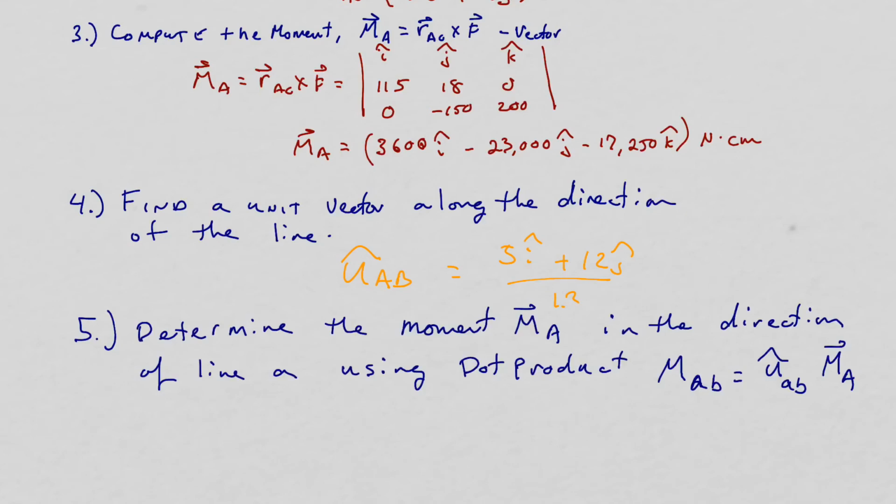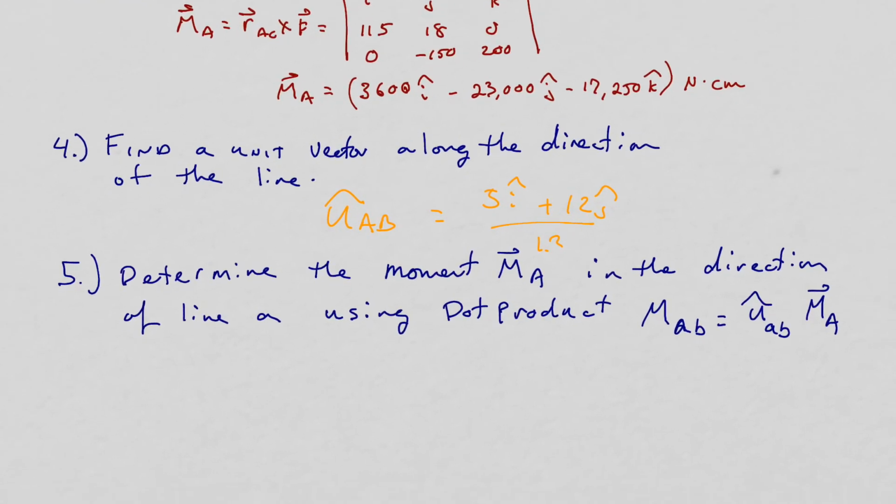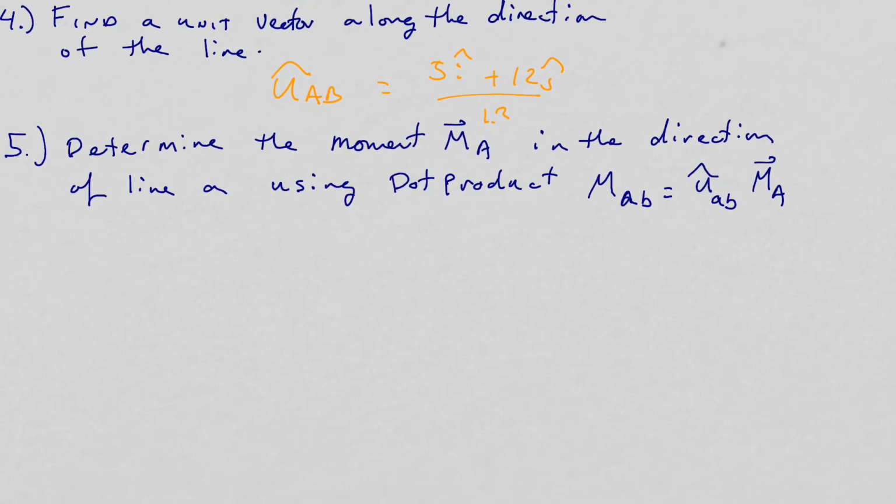So let's do this again. We're finding the moment using the moment MA, which is on the line, and finding the component of that in the direction of AB using the dot product with the unit vector. So for our problem, MAB is equal to MA, which is a vector, dotted with our unit vector AB.